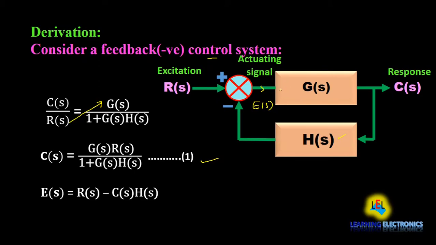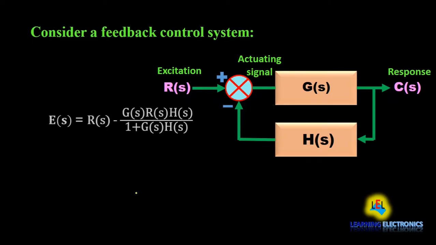Now from this diagram, E(s), which is the actuating signal or error signal, will be equal to R(s) minus the feedback signal. For the feedback path block H(s), the input will be C(s), so the output will be C(s) into H(s). So the error signal E(s) will be equal to R(s) minus C(s)H(s). Now we put the equation of C(s) in this equation of E(s).